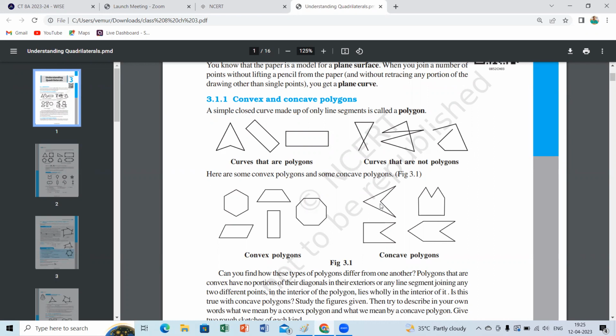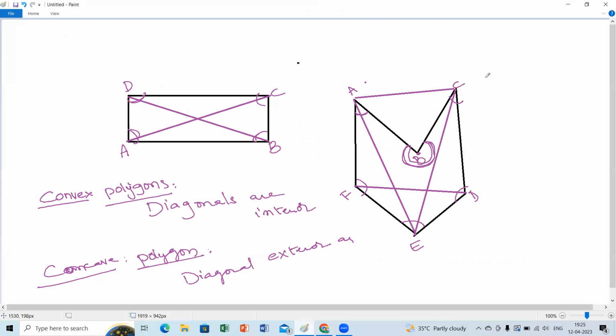Okay, as you said, at least one interior angle is greater than 180. That point also you have to write. Concave polygon, at least one angle is, second point, at least one interior angle greater than 180 degrees.